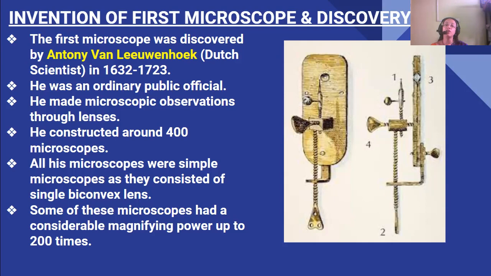He was an ordinary public official. He made microscopic observations through lenses. He constructed around 400 microscopes. All his microscopes were simple microscopes, as they consisted of a single biconvex lens.